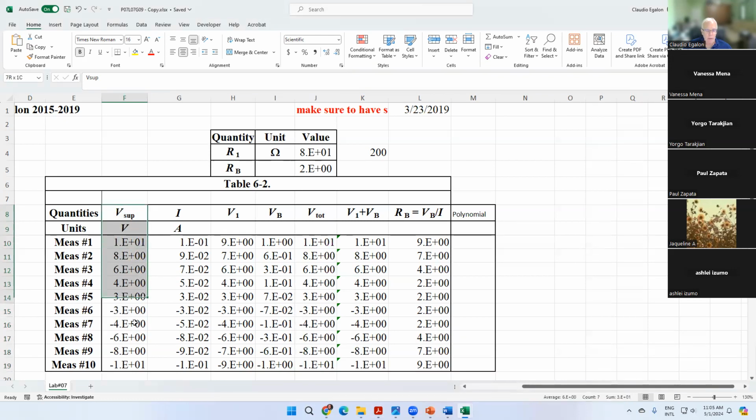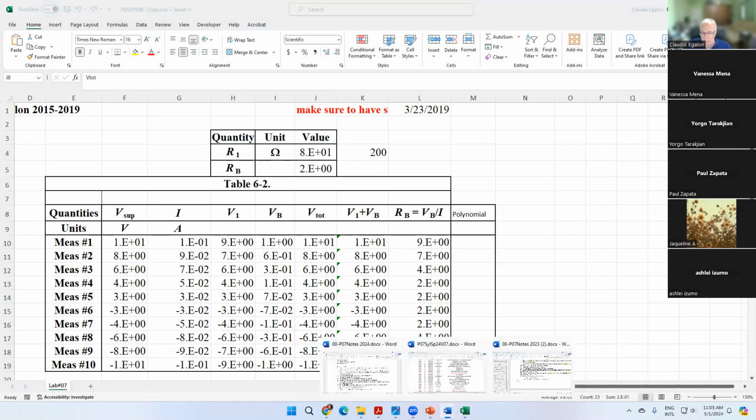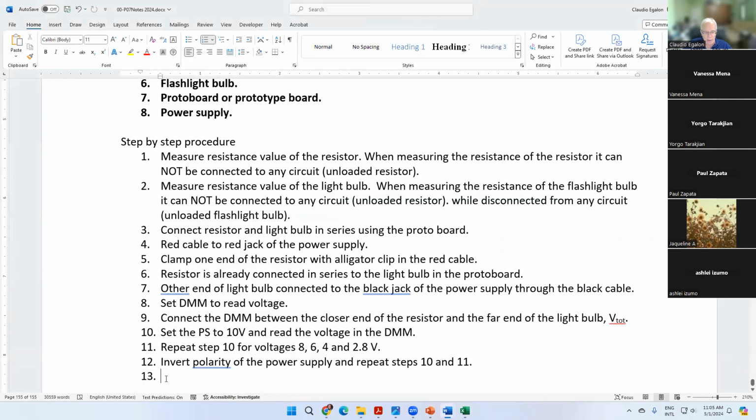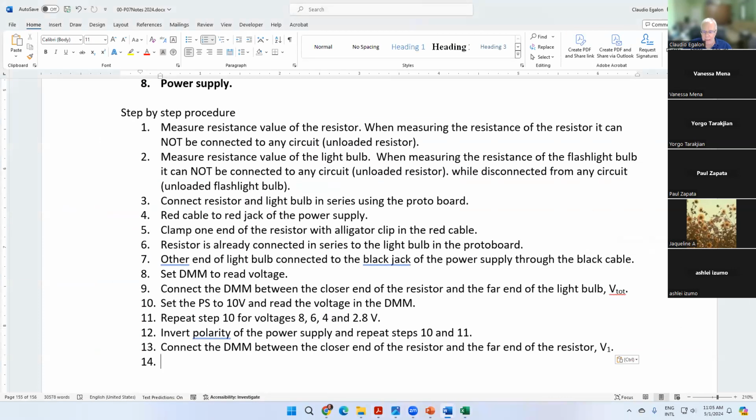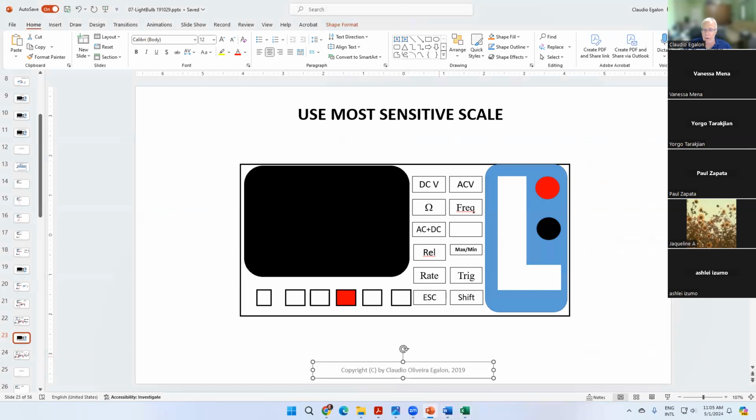Well, actually, we're done with this one. What you're going to do now is read the voltage across the resistor. That's what I call V1. Connect the DMM between the ends of the resistor. First, you have to reinvert the polarity.